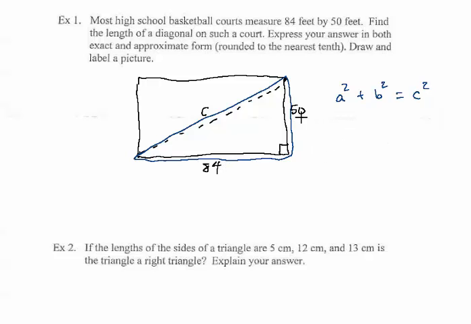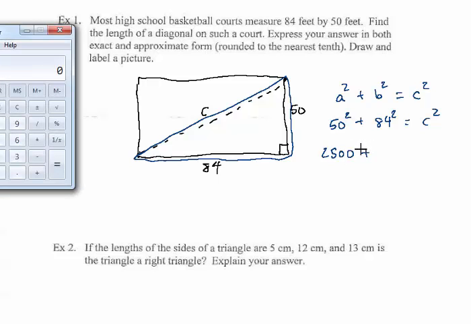Our legs are 50 and 84, so we have 50 squared plus 84 squared equals c squared. The 50 squared is 2500. And let's see, 84 times 84 gives us 7,056.